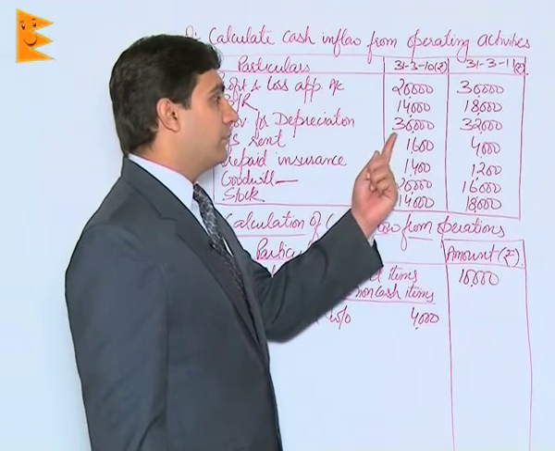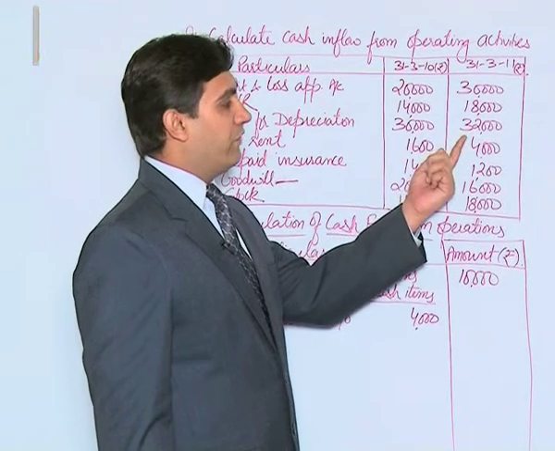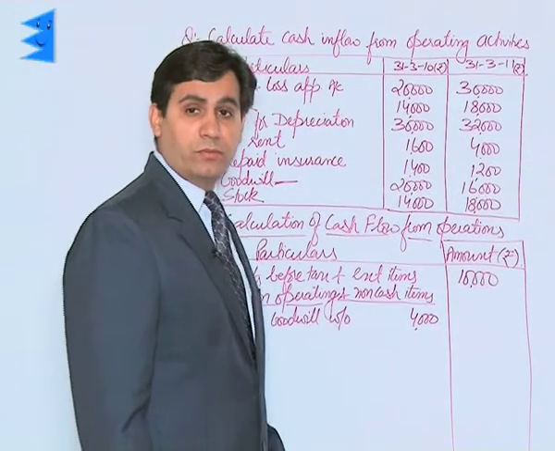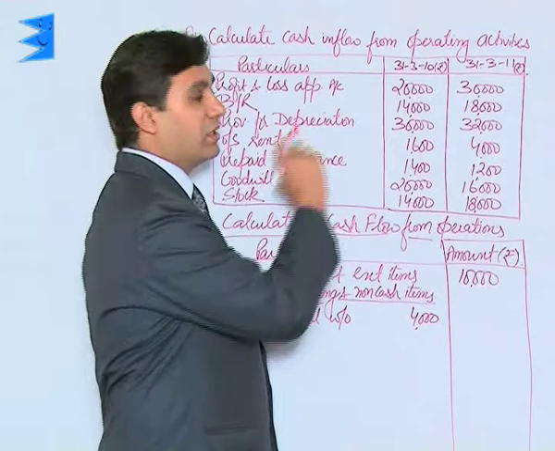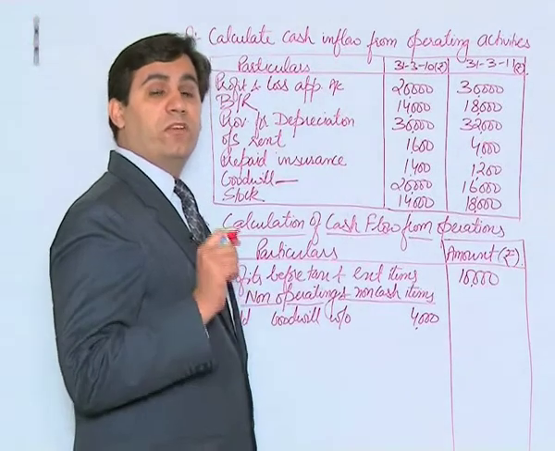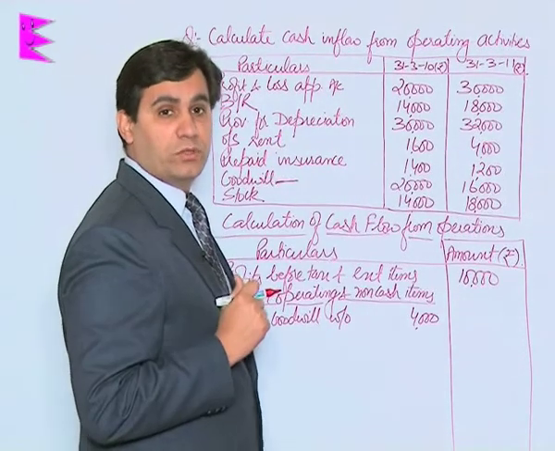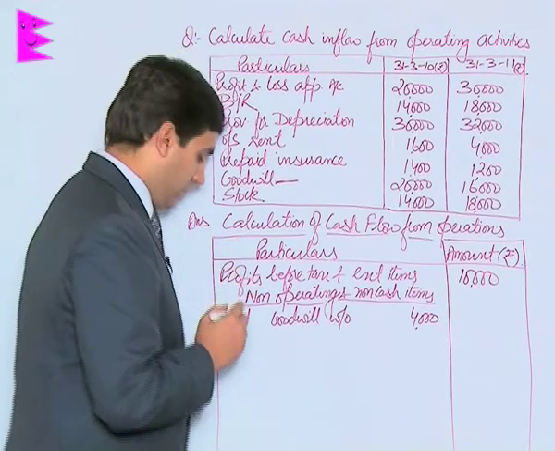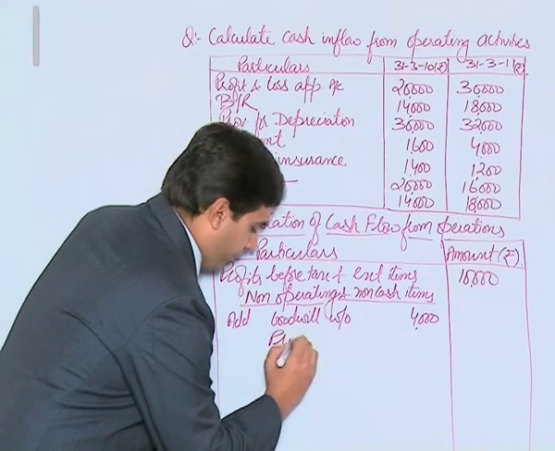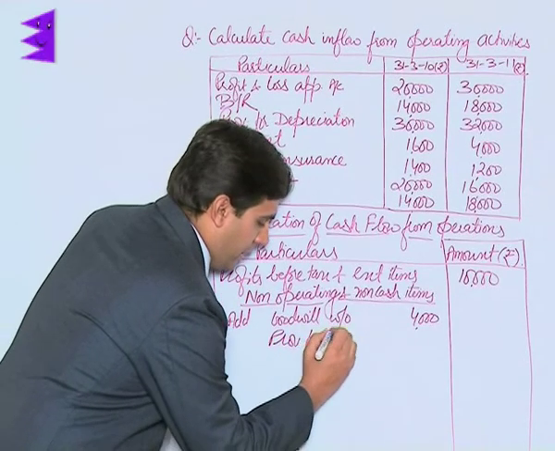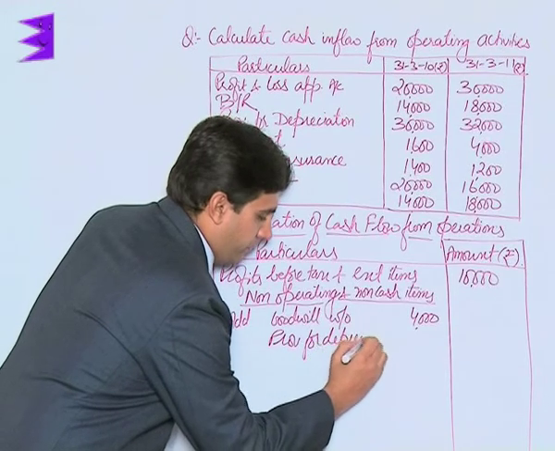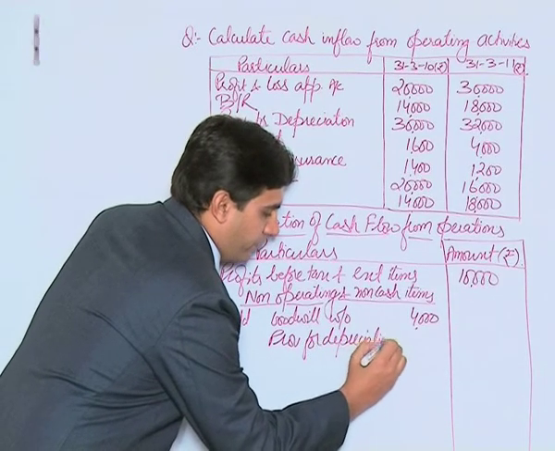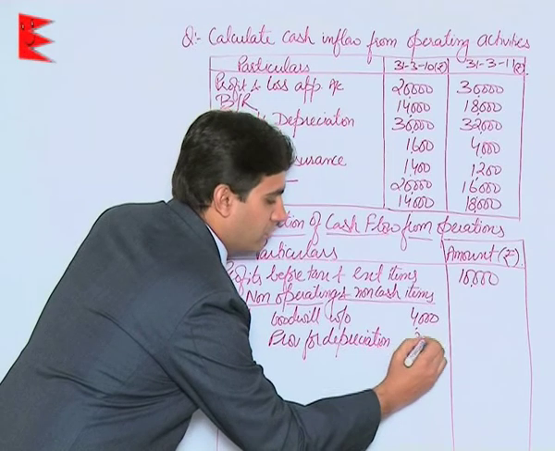In this year, the amount of provision for depreciation is 32,000, whereas in previous year it was 30,000. That means we have created additional provision to the extent of rupees 2,000. So provision for depreciation 2,000.